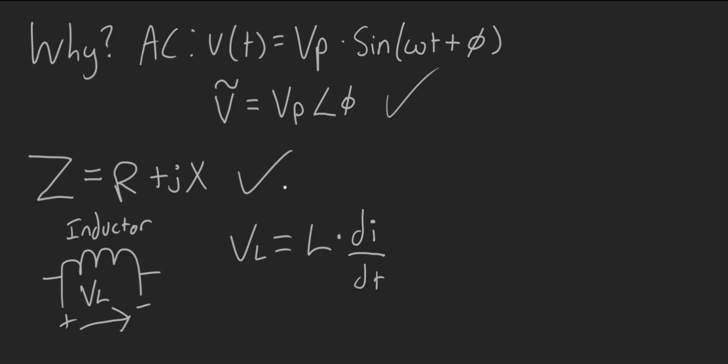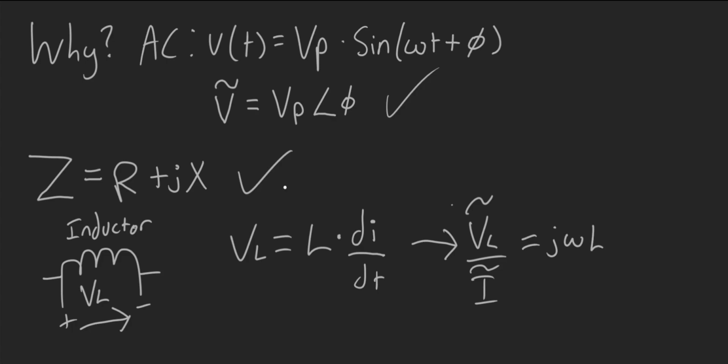Normally, that would be quite a painful equation to solve, to find the voltage drop across the inductor. But by converting this into a phasor, we can eliminate that derivative term. So here we have V phasor L over I phasor is equal to j omega L.